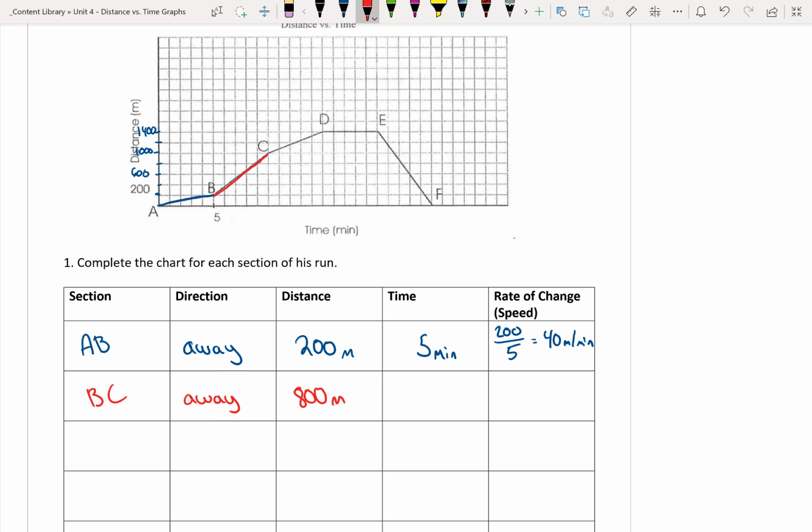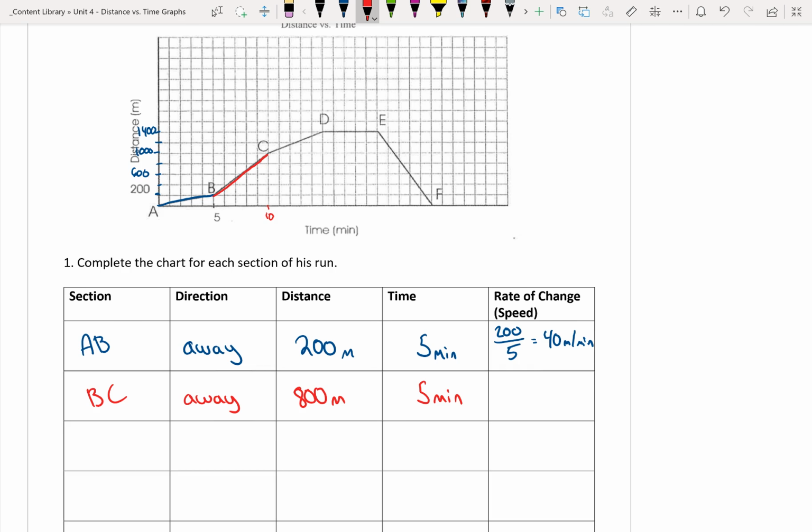The time: it ends at 10, but he starts at 5, which means this segment is 5 minutes long. We're not looking at how much time is taken for the end, we're looking at it in terms of when we started.